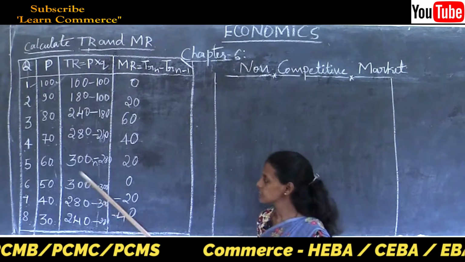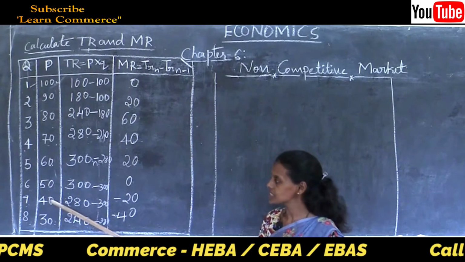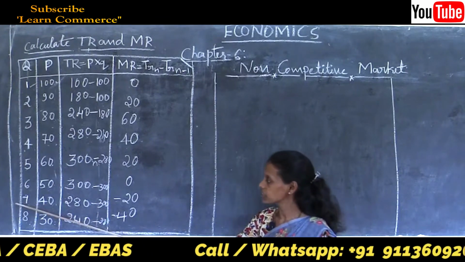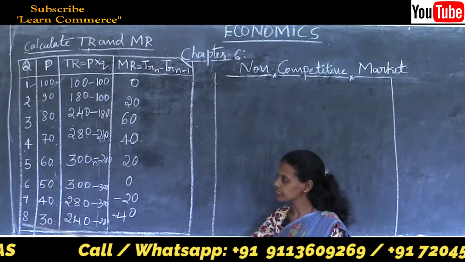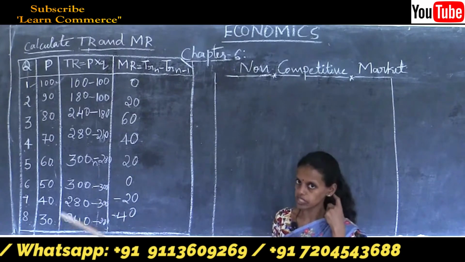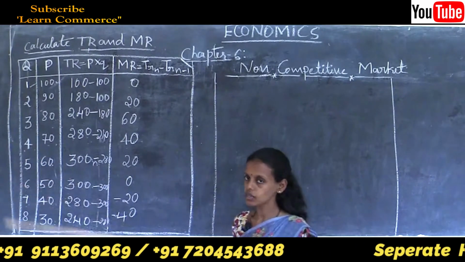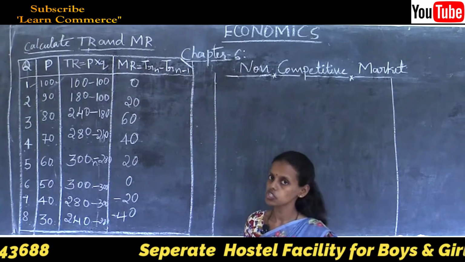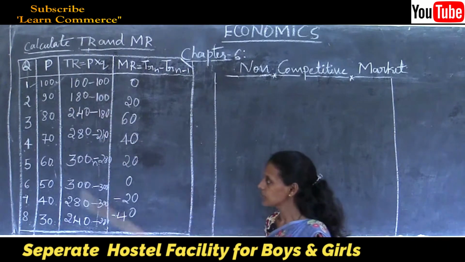TR is P into Q, thus P is 40 rupees, price decreases, 40 into 7 is 280, 30 into 8 is 240, and so on. As the quantity and price are given, you continue in the same way until 15 or 20 units.